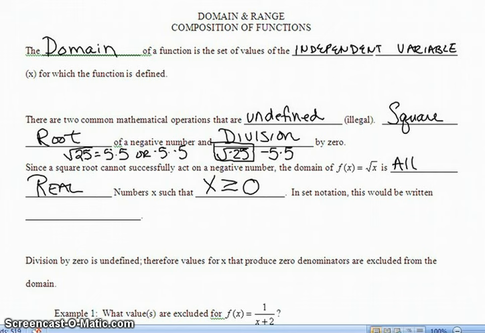In set notation, we'd write this, and we did this a little bit earlier on, as x such that x is greater than or equal to 0, when we simply have f of x equals the square root of x. And we'll look at different situations a little bit further on where we have more than the variable underneath the square root sign.